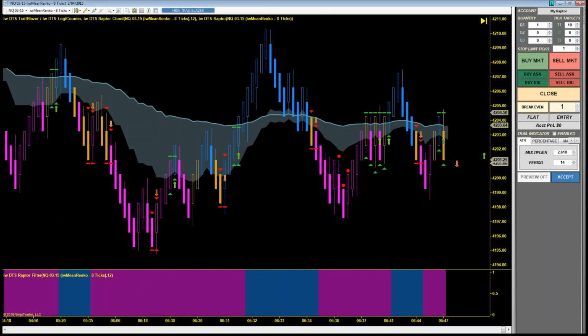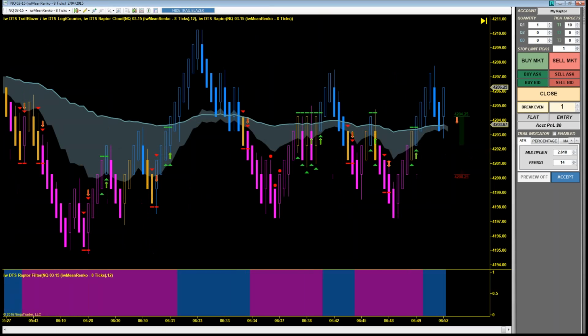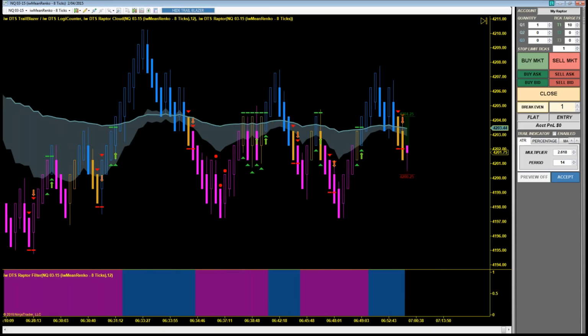The Raptor and the other birds will all generate audio signals so that it makes it easier for you to scan the markets and scan the opportunities. Now I'm going to dial back because you can see here the Raptor again shows a lot of choppiness going on. Like the hawk, the bar colors keep changing. The filter, which is actually the whole programming for the Eagle Trend Trader, is in this filter here in the bottom.